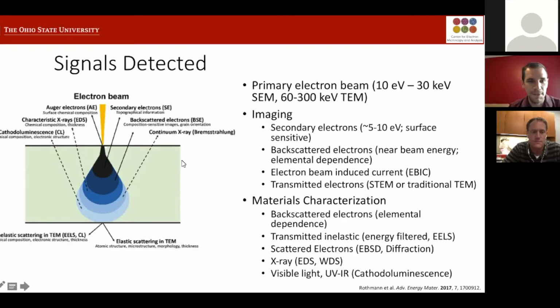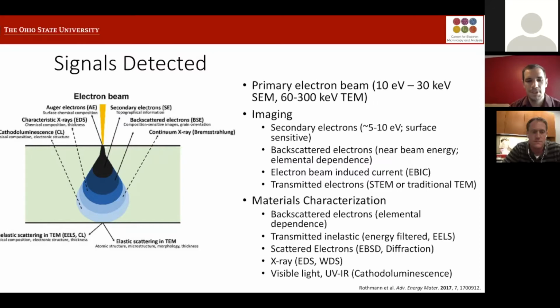Or if you're doing mainly transmission experiments with high resolution, you can go 60 to 300 keV in the TEM. So what you have is your electron beam coming down and hitting your sample. If you look at this diagram, it's a very nice one that shows the interaction volume of the different signals that are coming off your sample.